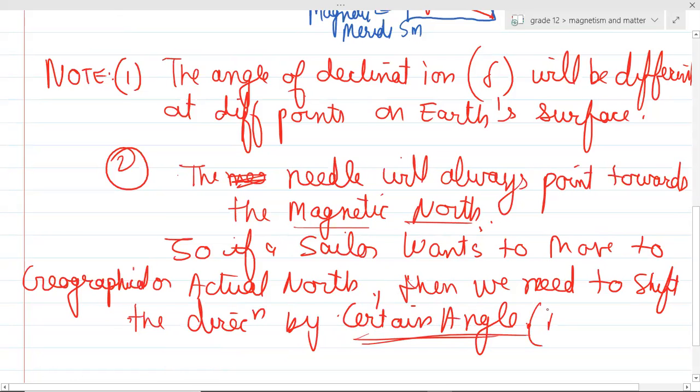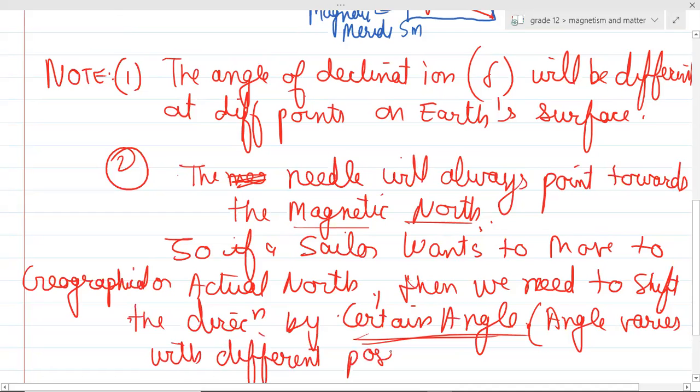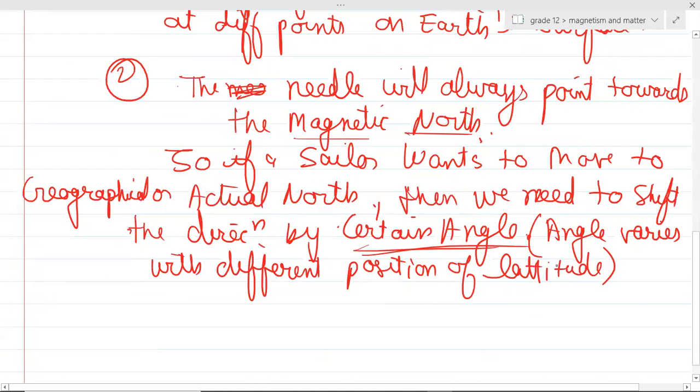Also, please remember this angle varies with different positions of latitude. Okay, so this angle keeps on varying. So basically, with respect to your position, you need to keep adjusting this angle to reach the actual north, right?